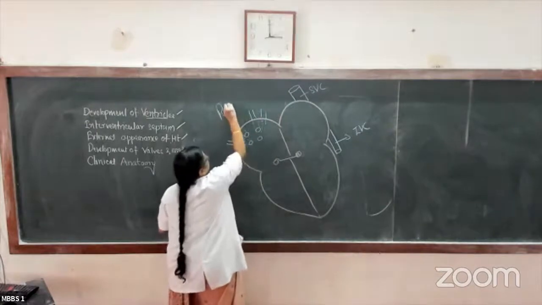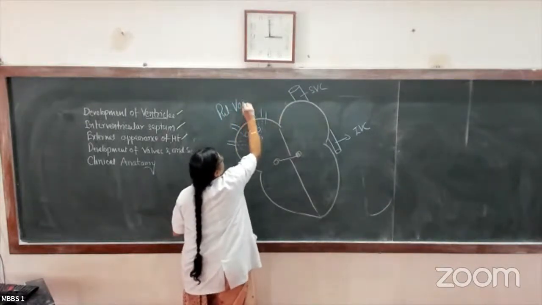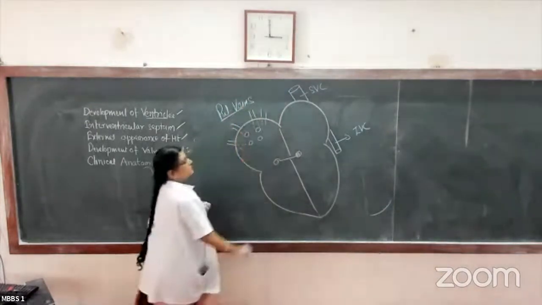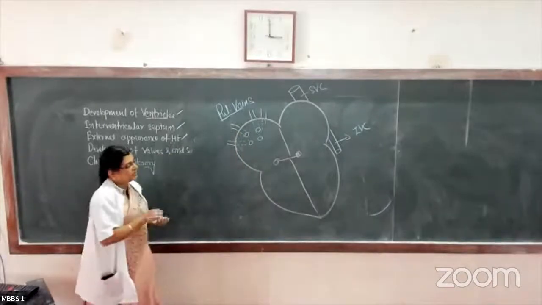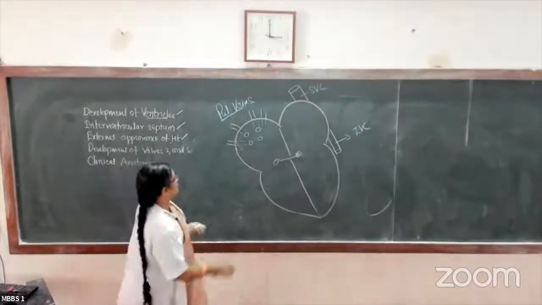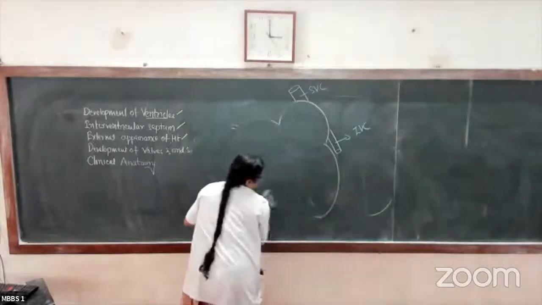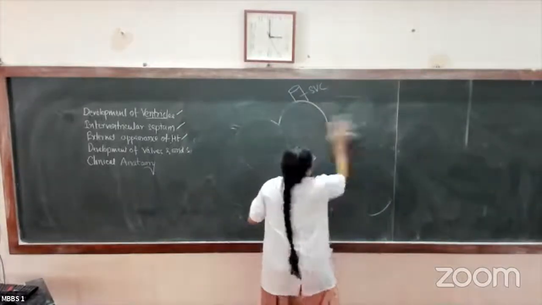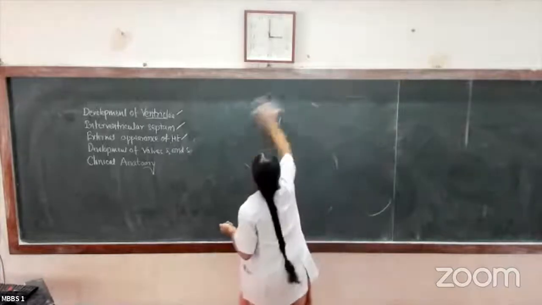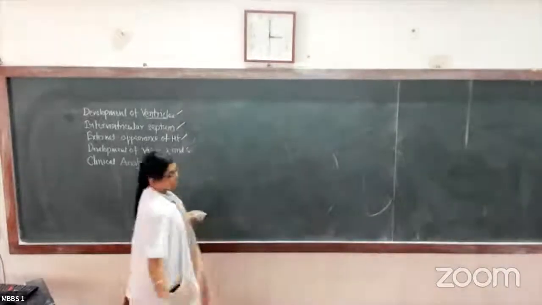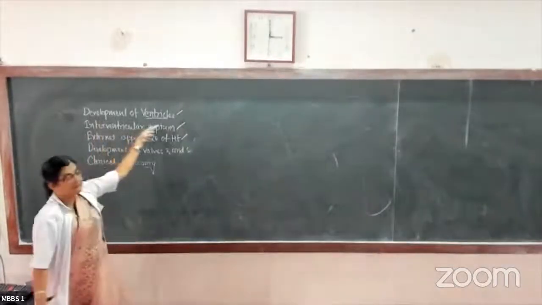These are pulmonary veins. So there is a change in the site. So this is one anomaly which you will get. These are some important anomalies which I have covered. Go through this. So here we are going to stop. We have finished development of ventricles.